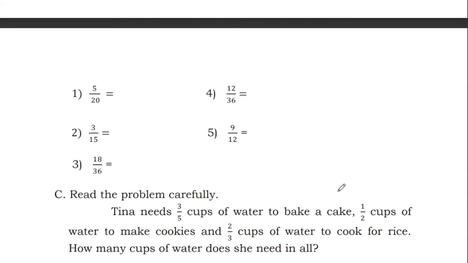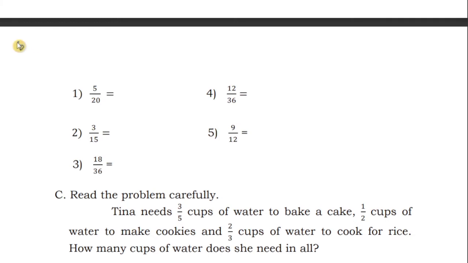I again made use of continuous division. I just select 5 and 20 from the given fraction, the numerator and denominator. We have here 5 as the common divisor of the two numbers. So 5 divided by 5 is 1, then 20 divided by 5 is 4.